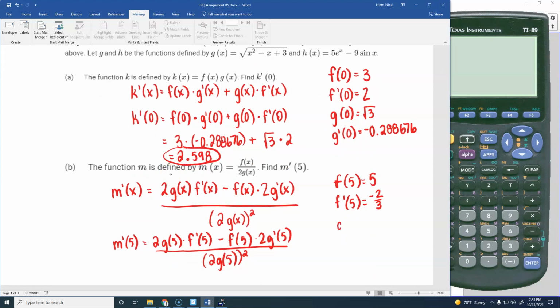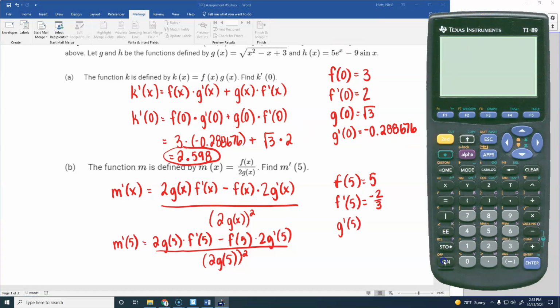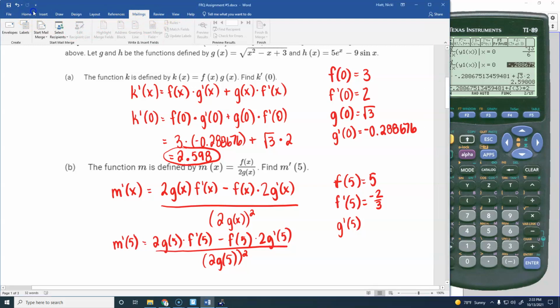You're just finding g prime of 5 because the 2 is still in your equation there. So we can do this. Actually, let me do g of 5 first. Okay, let's see. I'm going to tell you, just because I've already done this question, it's also easier on this one just to go with decimals.